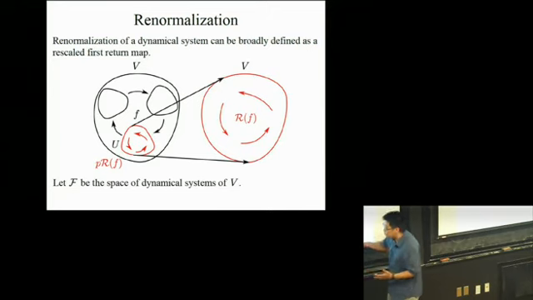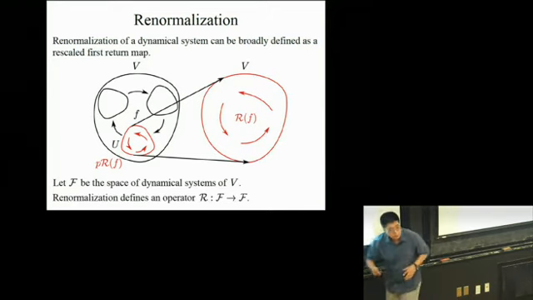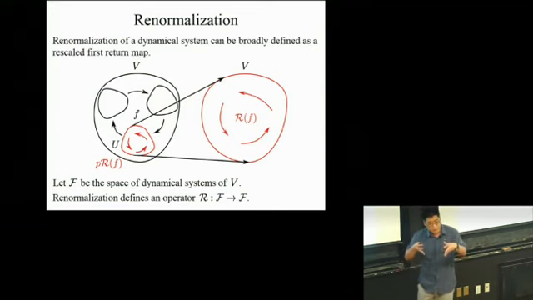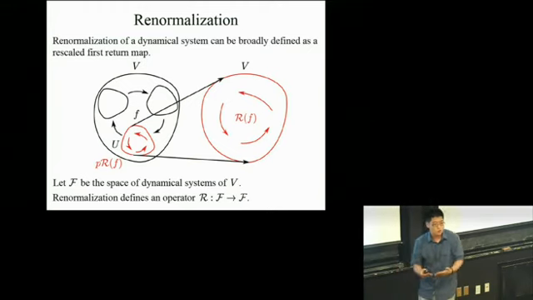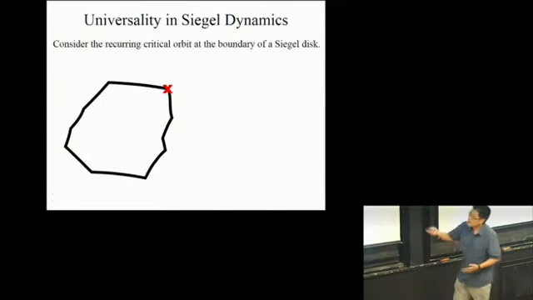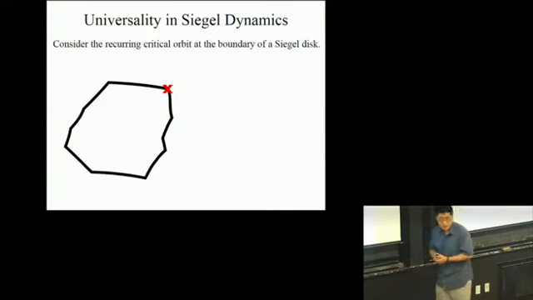And the proper way to phrase this theorem is to formulate the renormalization operator as an operator from some class of maps to itself. And then we say that you have universality, you have this uniformization at smaller scales, if this thing has an attracting fixed point. Right? So you have this class of maps, you keep renormalizing, you keep scaling down, and then everything converges to this one universal function. So how is this useful when we are trying to analyze the dynamics of a Siegel polynomial?